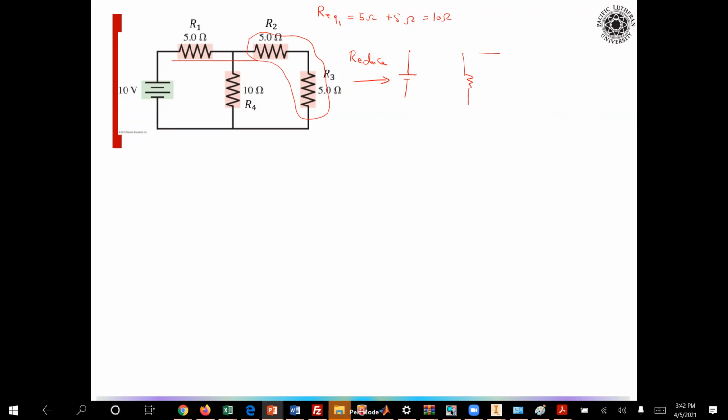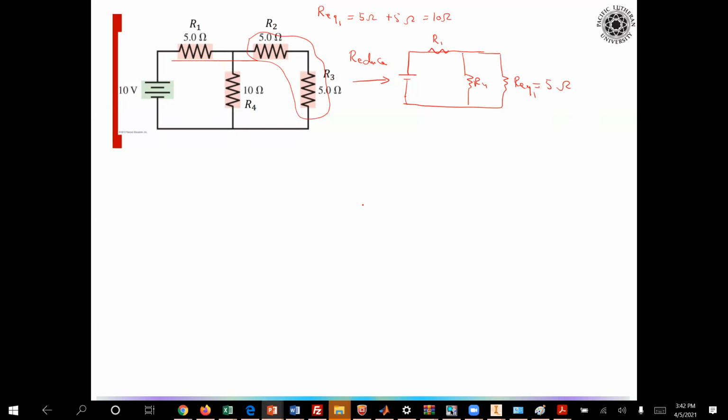Here are my first reductions. This is the circuit that I have. So here is the R equivalent 1, which is 10 ohms. And here is the R4. And here I still have R1.